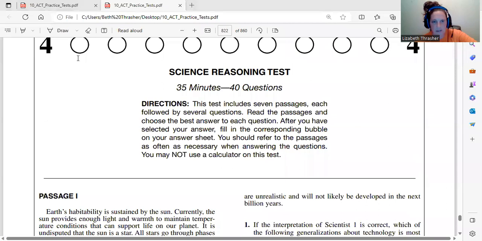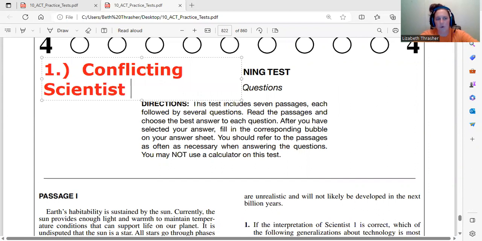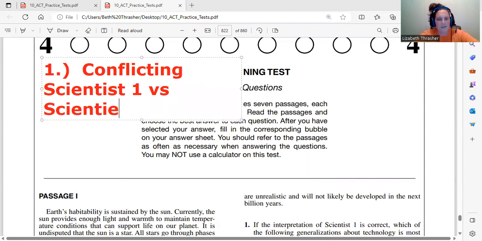Let me put that on the screen. Recommendation number 1 is the conflicting passage, which is scientist number 1 versus scientist number 2. Save that for last.